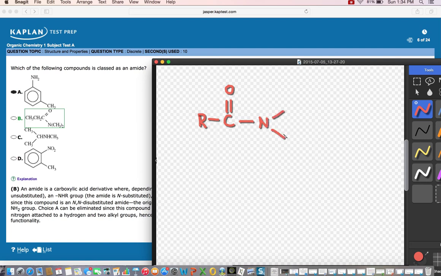They could be other carbons or they could be hydrogens. So let's look at each response individually. Number one, A is an amine. It's a carbon-nitrogen single bond. So, in fact, we would call this an aromatic or aryl amine.